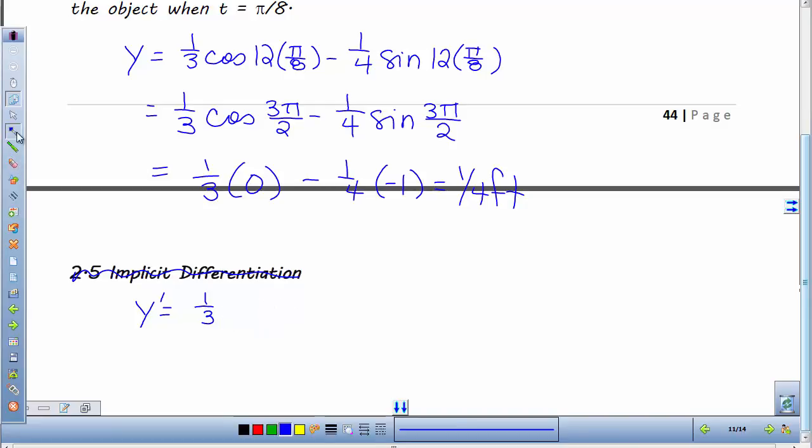The derivative of cosine is negative sine of 12t, and then the derivative of 12t is 12.